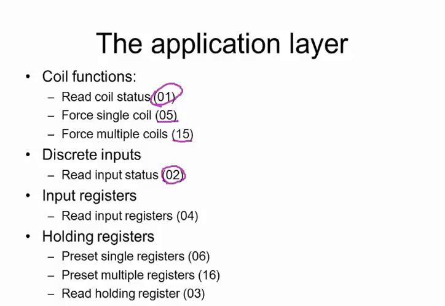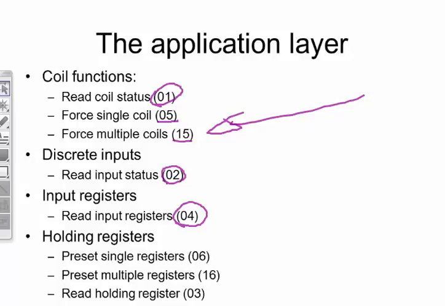We have input registers. So these are the function codes. This is the number that you put in that little packet at the front of the protocol data unit to tell the slave what to do. So it says, I want to read input registers, and I'm going to start at a point in the memory and I want X of them. Again, holding registers are memory locations in the PLC.